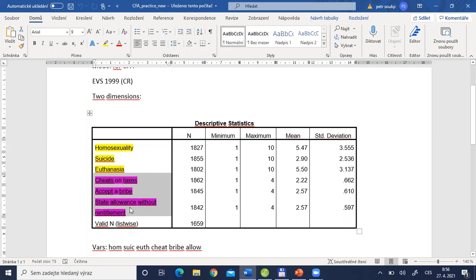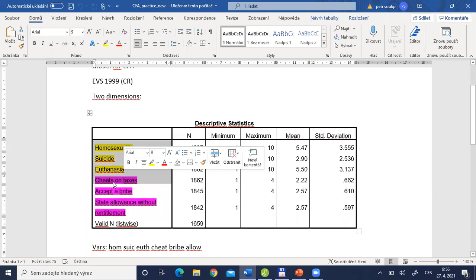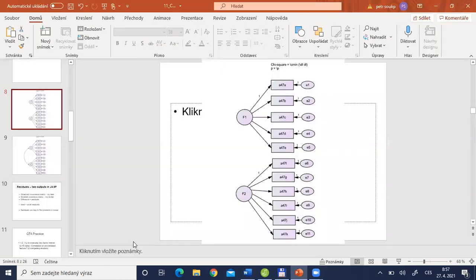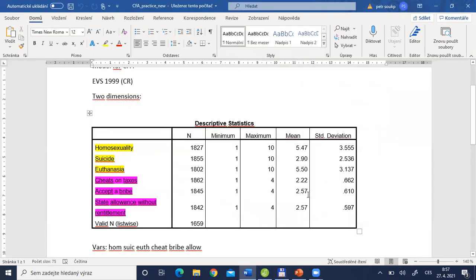So it is expected that the first three items are something like a private behavior explanation and the others a public behavior explanation. You should try to perform CFA for these two dimensions and find whether they could be unrelated or related. That should be the next task for you, to compare two competing models.